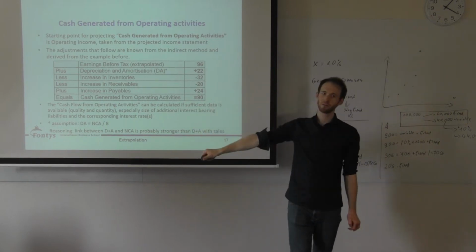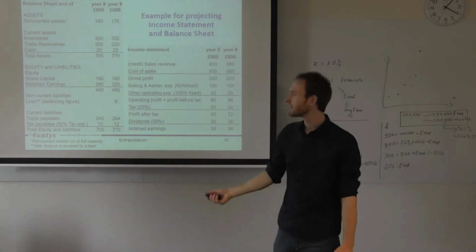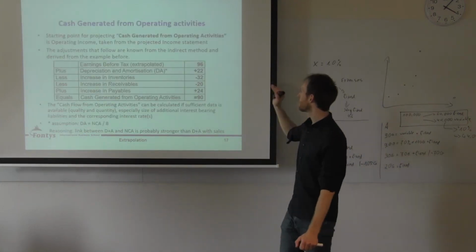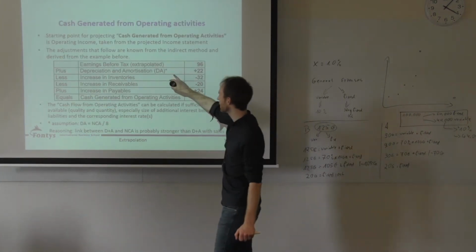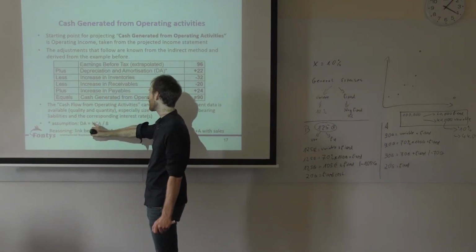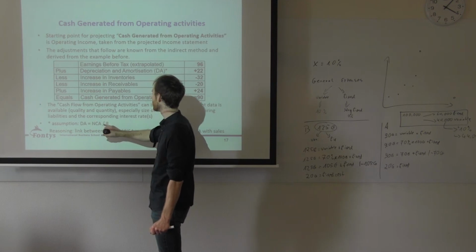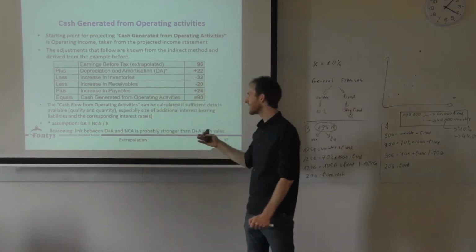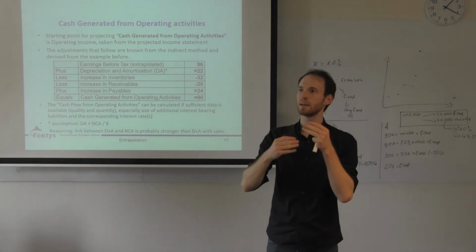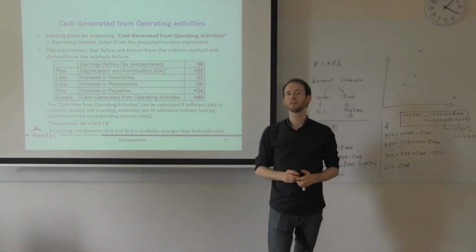So going back to the other overview, we don't have that listed. It is probably somewhere in the expenses, but we don't know that. In this example here, you can also see that the assumption is that depreciation and amortization is the non-current assets divided by 8, which is basically the amount of years that we use the non-current assets.